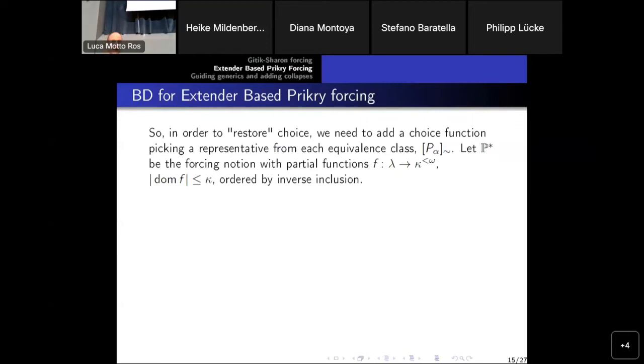So let's take P star to be the first thing that essentially, well, it's the first thing in V that tries to guess what the initial segment of the previous sequence is. So it's a partial function, of size at most kappa, from lambda to finite increasing sequences of ordinals below kappa.